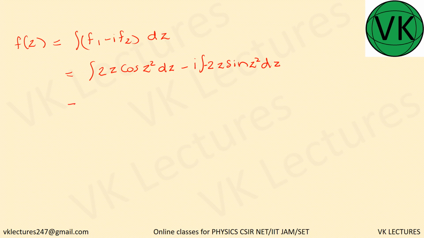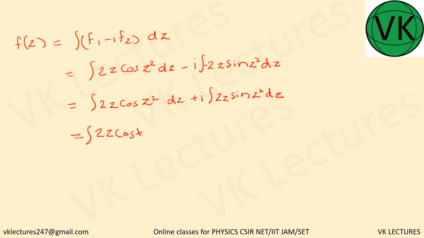That is equal to integral 2z cos z square dz plus i integral of 2z sine z square dz. That is equal to integral 2z cos t times dt by 2z plus i integral 2z sin t times dt by 2z.